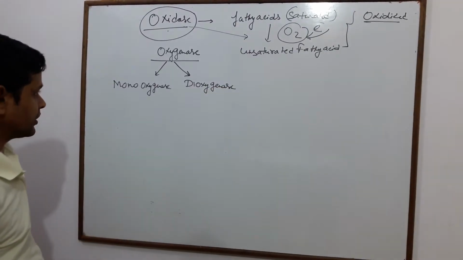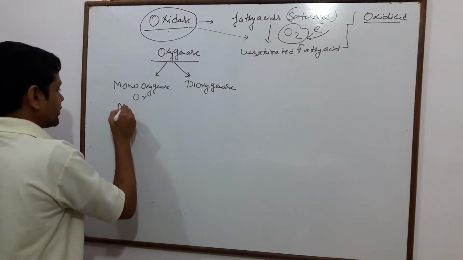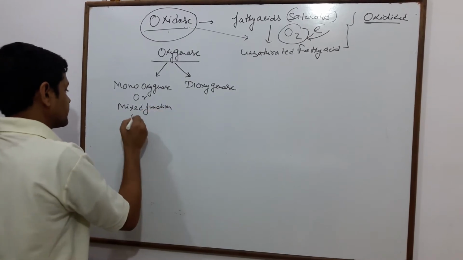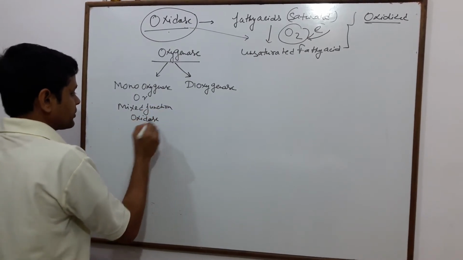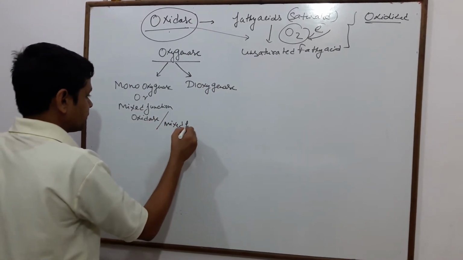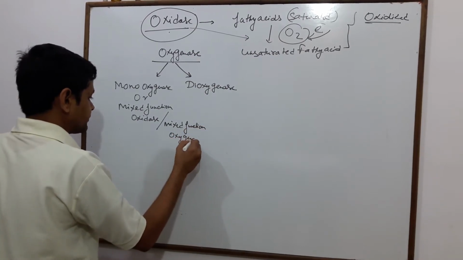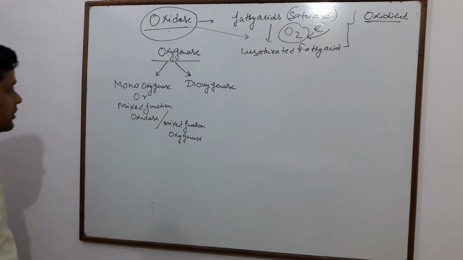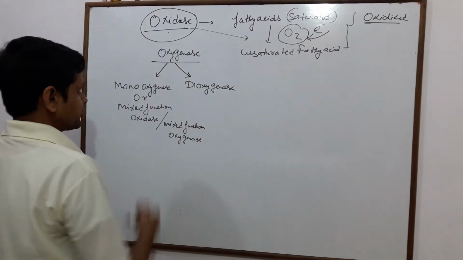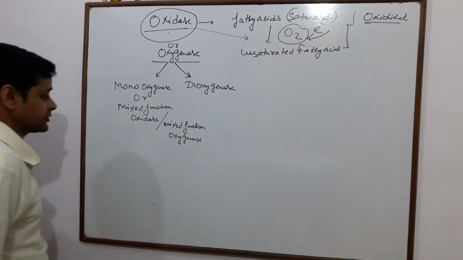This is called mixed function oxidase, or you can say mixed function oxygenase enzyme. So what is the function of these two enzymes which belong to this category, oxidase, also called oxygenase?